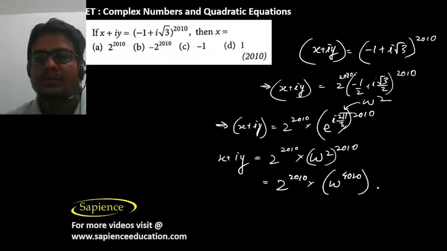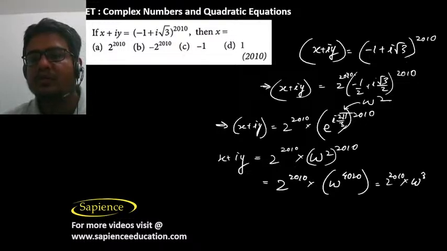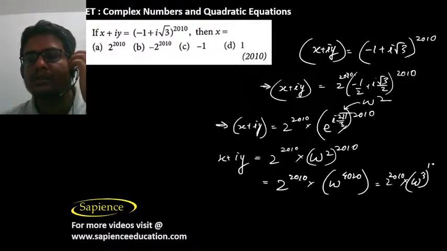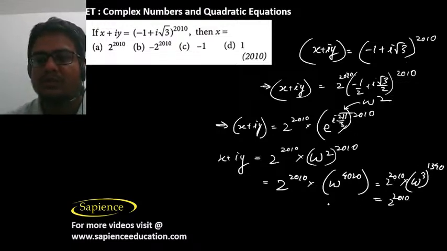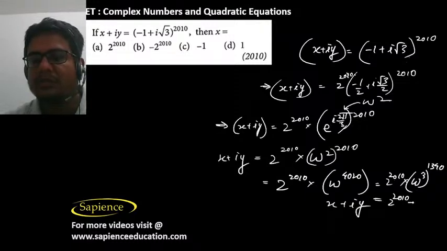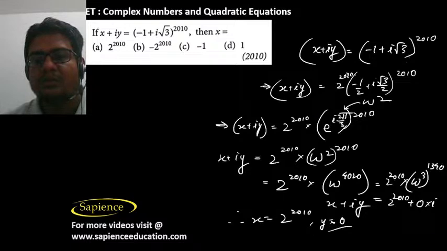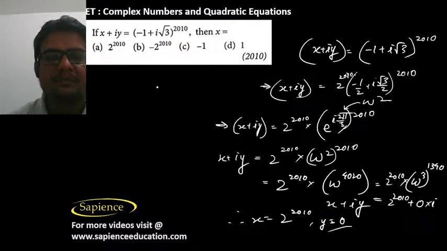So this will be equal to 2 power 2010 into (omega cube) whole power 1340, 3 1s are 3, 3 3s are 9, 3 4s are 12, 0. So this will be 1, so this is 2 power 2010 only. So x plus iy I can write as 2 power 2010 plus 0 into i. So therefore x is 2 power 2010 and y is 0. So this is completely real. Option A is the correct answer.